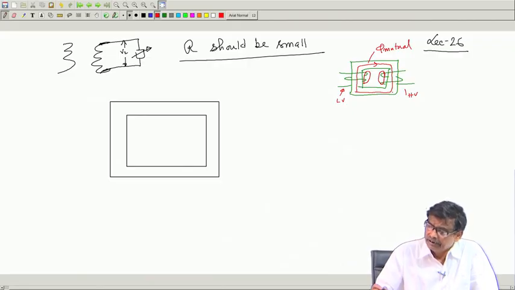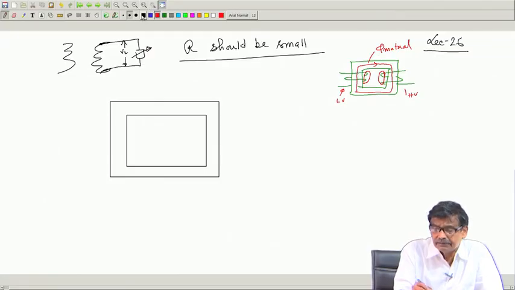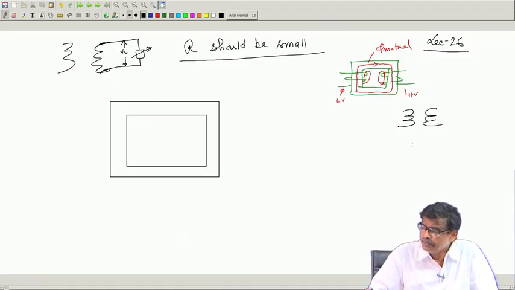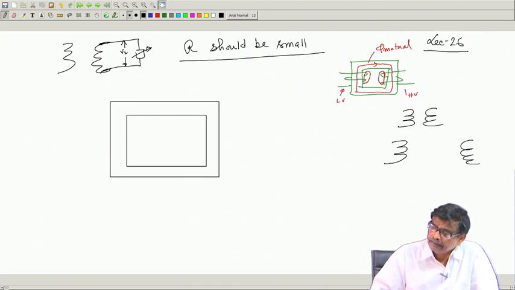We will just discuss in terms of, suppose there are two coils. If you take the coils far away, leakage flux will increase, mutual flux will decrease. From common sense we can say that.